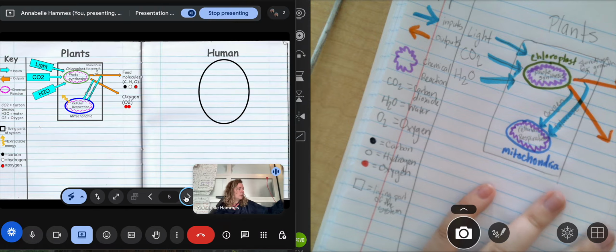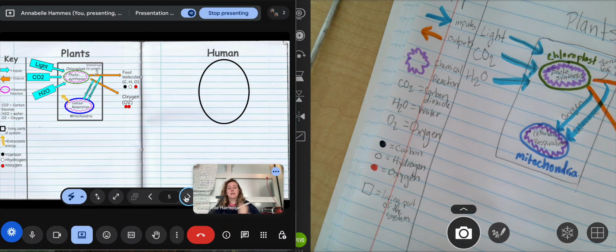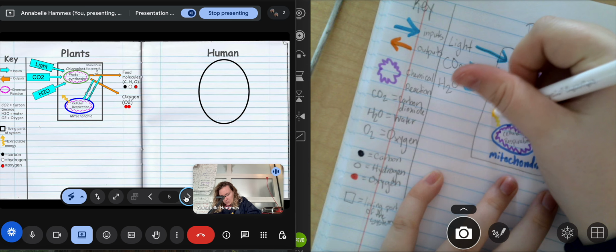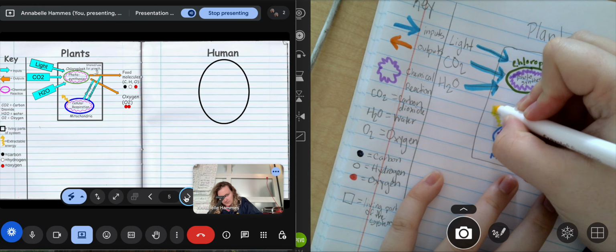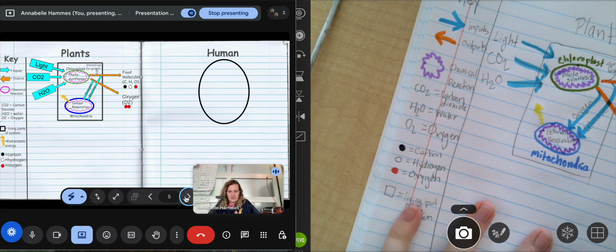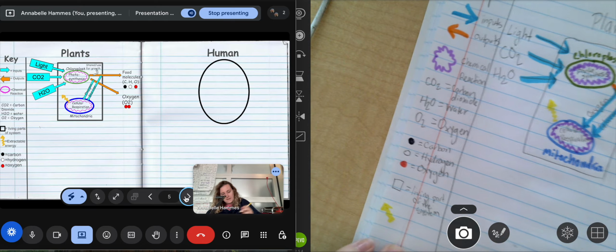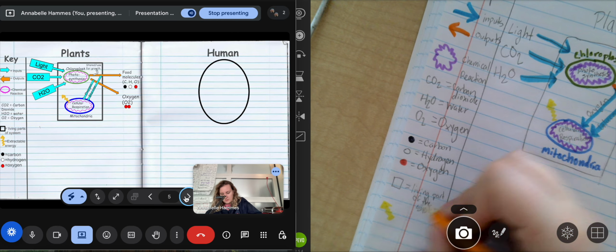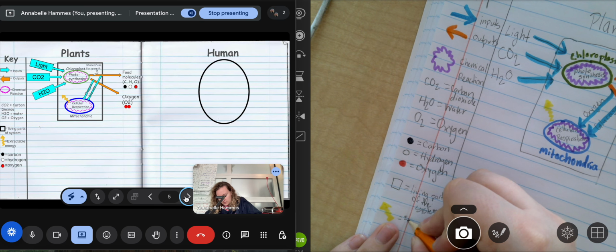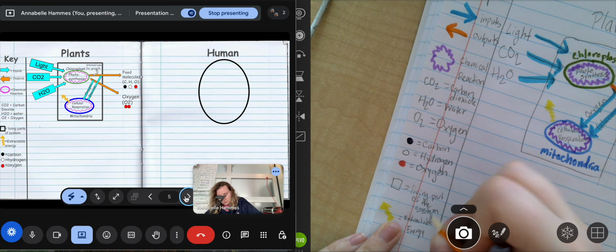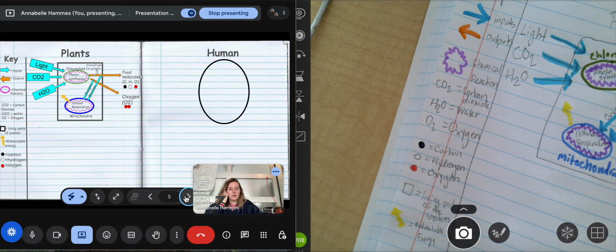Then during that chemical reaction, energy is extracted. So we're going to add a little boop, boop, boop, boop. Can you see that okay? We're also going to add that to our key.